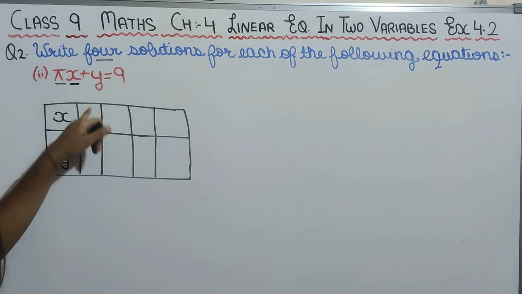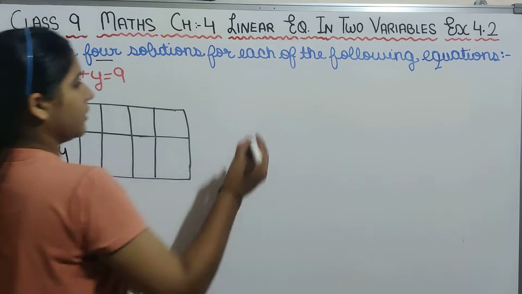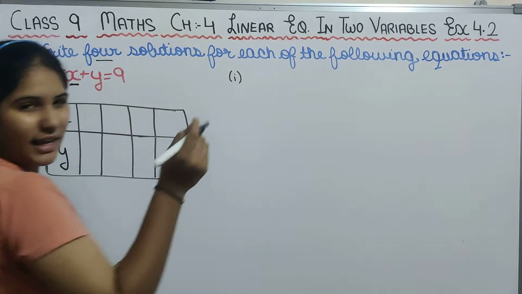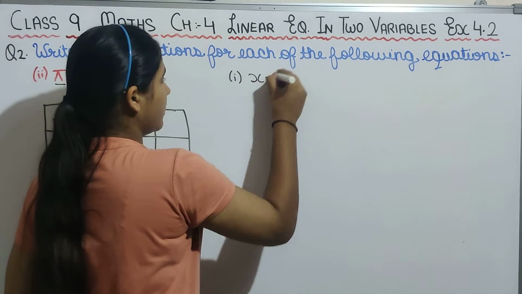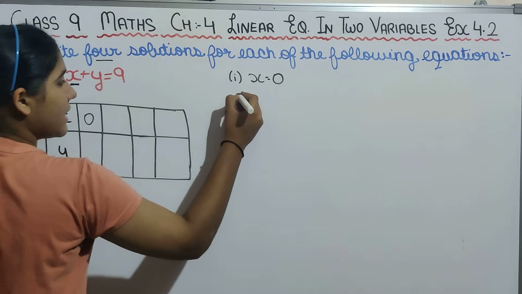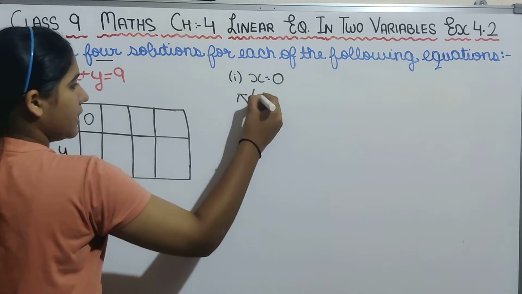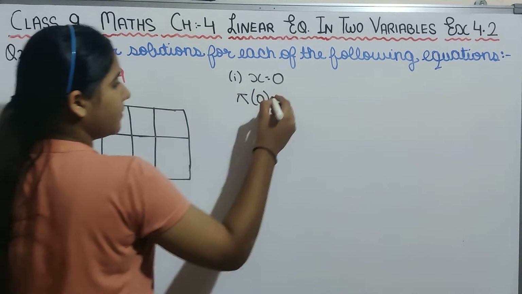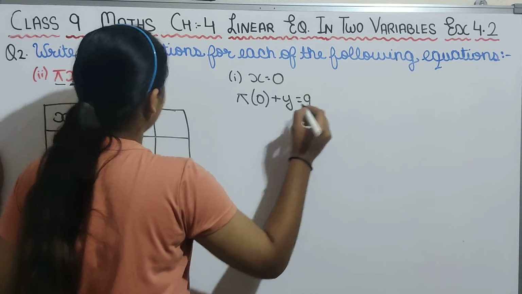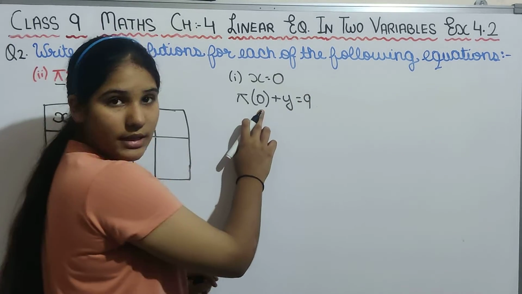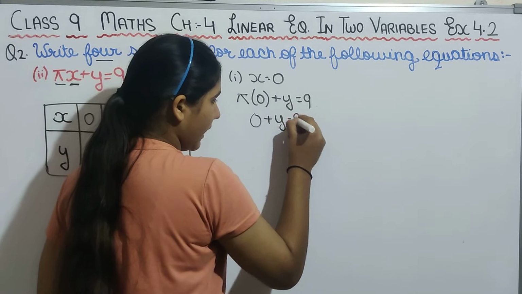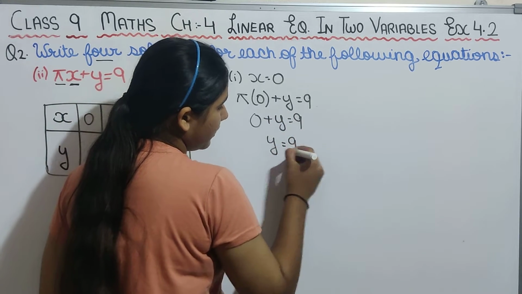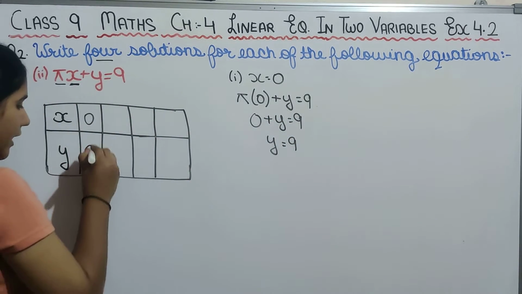First, let's take x is equal to 0 because it will be easy. Pi stays as it is, instead of x it will be 0, plus y is equal to 9. Pi into 0, anything multiplied by 0 is 0, plus y is equal to 9. So y will be 9 only. If x is 0, y will be 9.